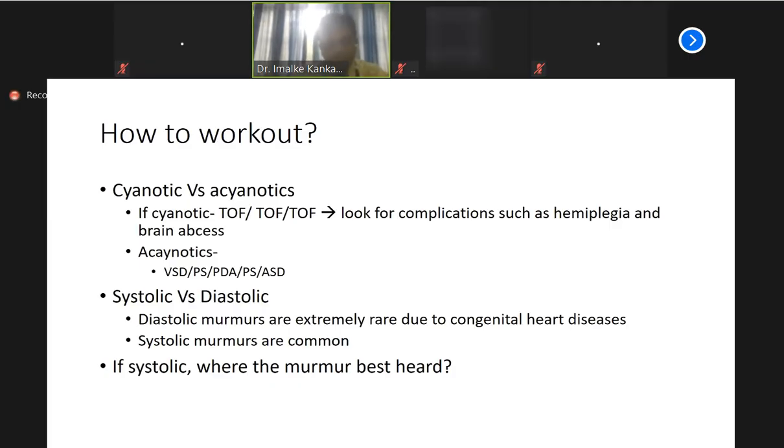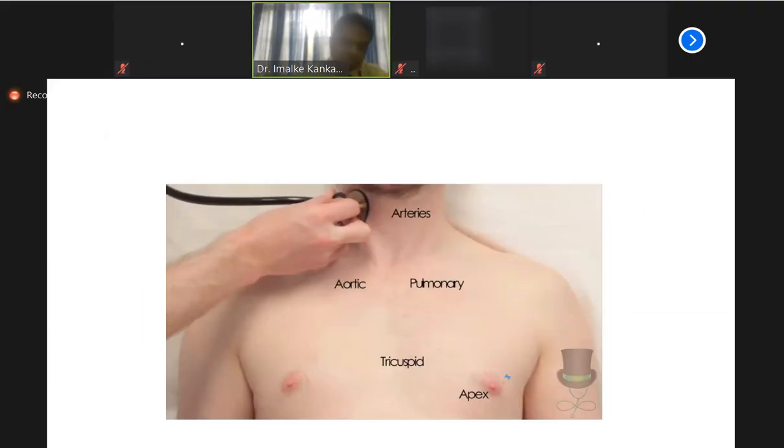Systolic murmurs are very common. Almost always try to differentiate whether this is ejection systolic, pansystolic or machinery murmur. That will be your task. If systolic, where is the murmur best heard? The best heard location of the murmur is the key in pediatrics, so I'm going to discuss this in detail.